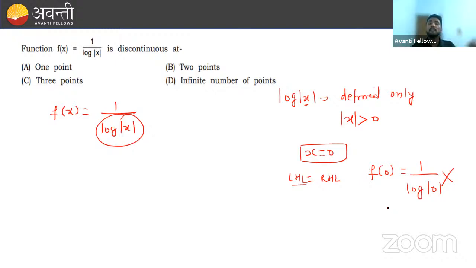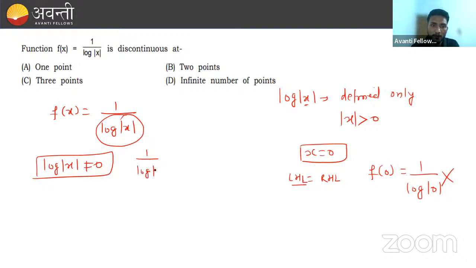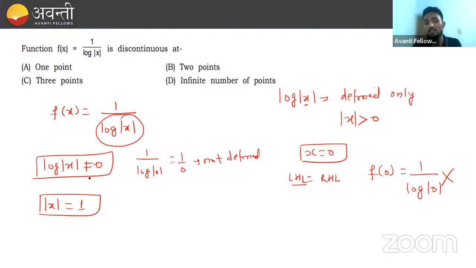Okay. Then the other thing is that this log of mod x should not be equal to 0, because if it is 0, then 1 by 0 is not defined. So again we have to check where log of mod x equals 0. You know that if mod x equals 1, because log 1 is always 0.